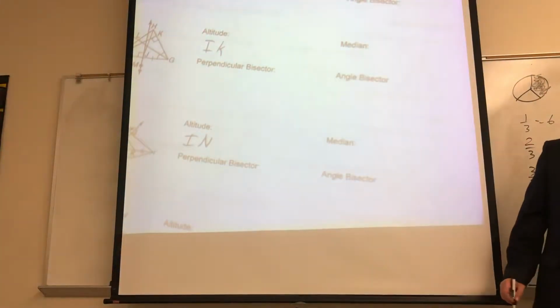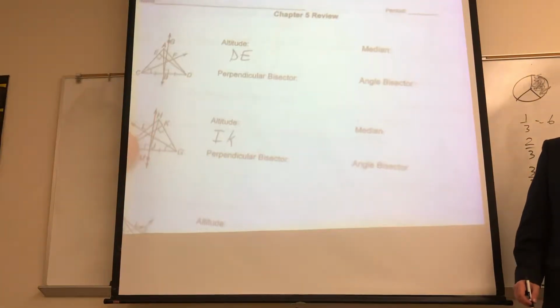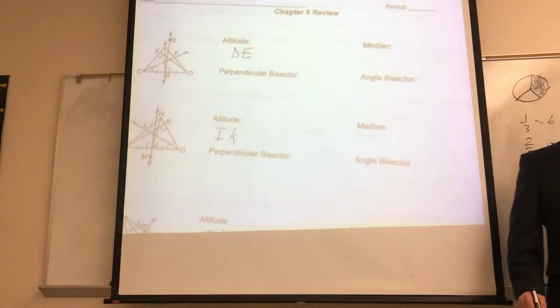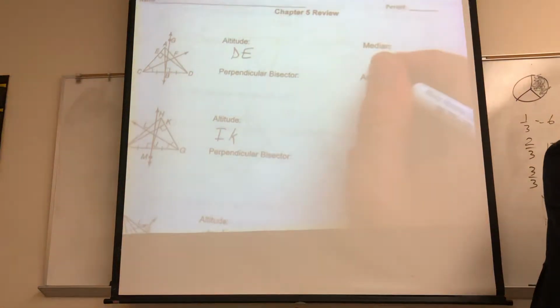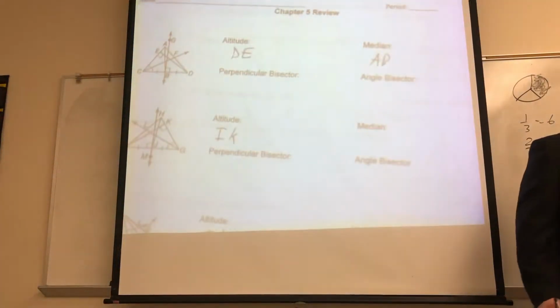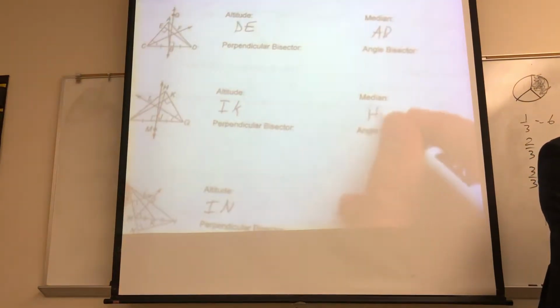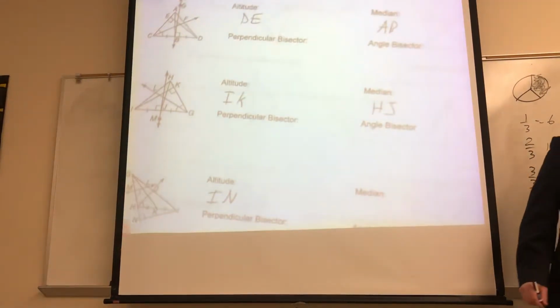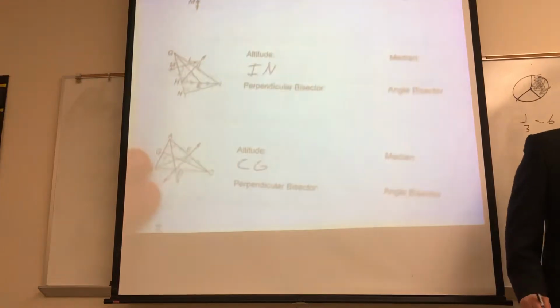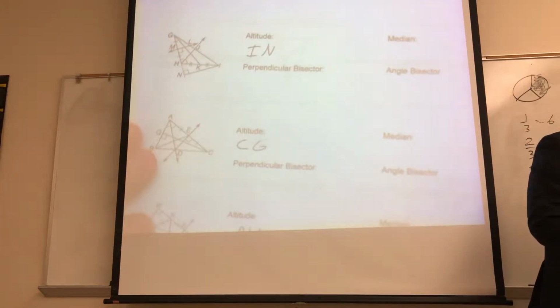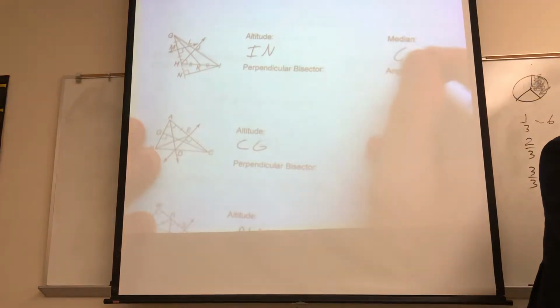The median is going to be a line that goes from the vertex to a side, and it goes to the midpoint of that side. So AB is going to be my median on the first one. HJ is going to be my median on that second triangle. On the third triangle, the median here is going to be GK.